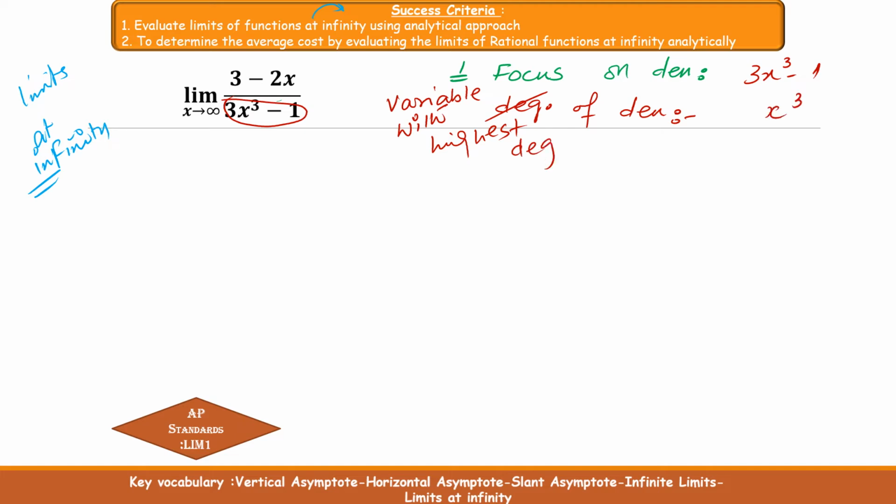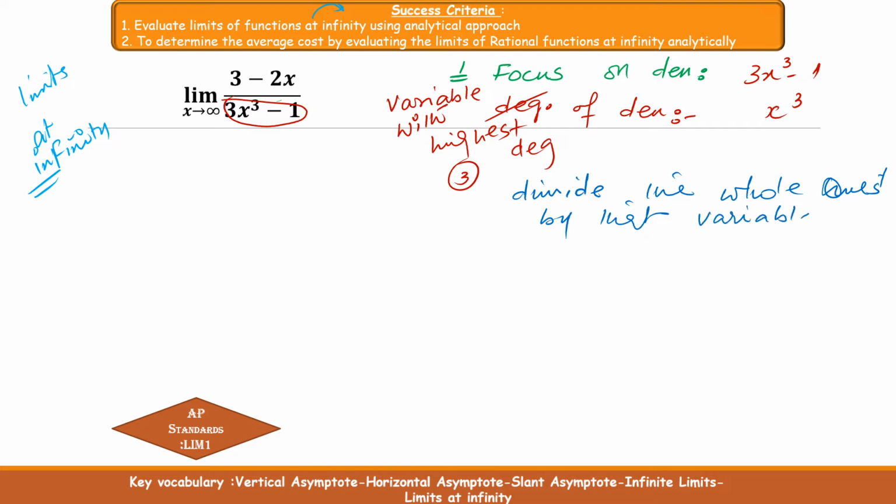The third step is that you divide the whole question by that variable. So how will we do it? First of all, we write the limit as x approaches infinity. Let me write the question to show you here.